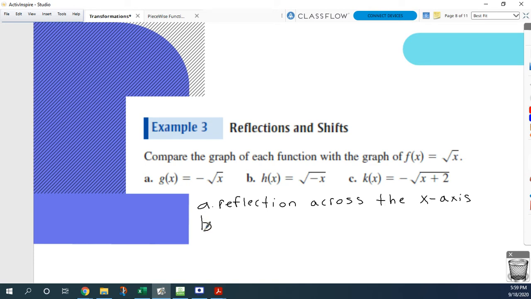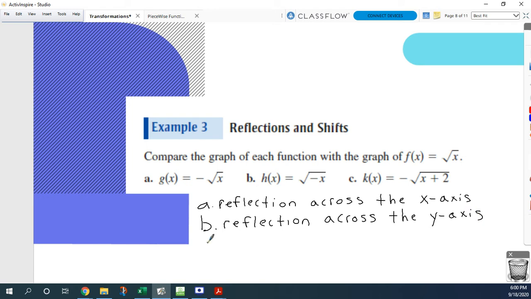Now on part B, notice that our negative this time is on the inside. That's going to be important because, like I said, our square root graph is not symmetric. So this will have a reflection across the y-axis this time.